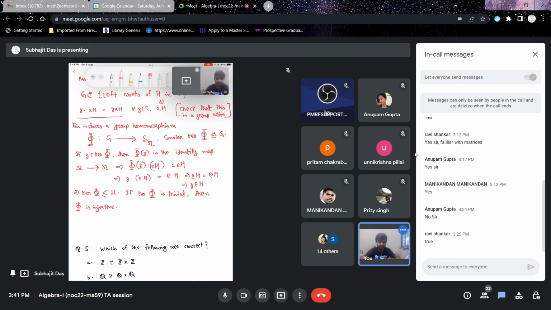Simple as that. So by Lagrange's theorem, the order of G will divide the order of S omega. What is the order of S omega? As we noted previously, this is precisely the index of H in G, factorial. This is a contradiction.